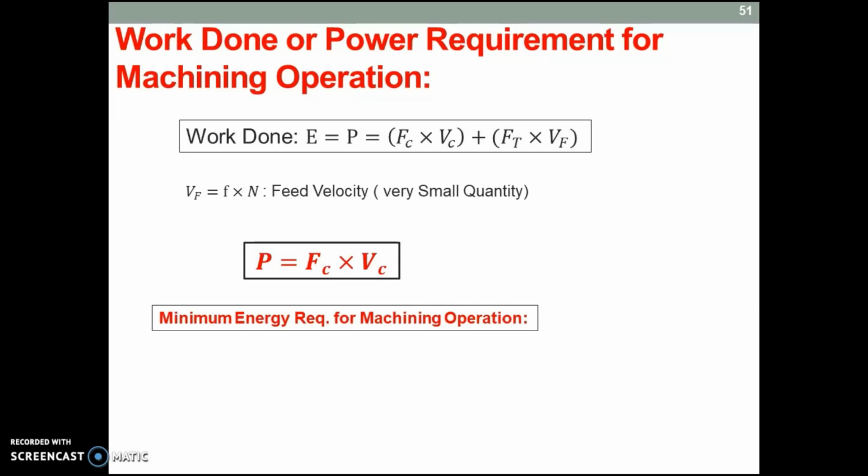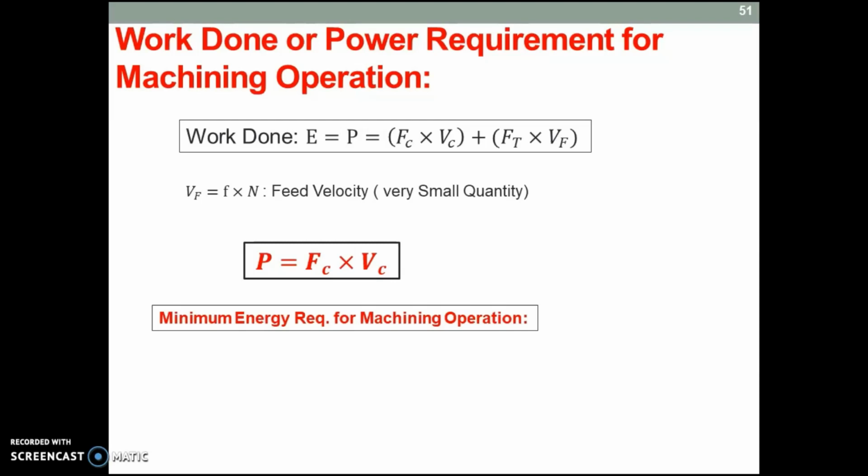So during machining, it is possible to ensure that the stress induced in a layer of workpiece material is just equal to the ultimate shear stress of the workpiece. The corresponding energy requirement, work done or power is known as the minimum energy requirement for the machining operation.